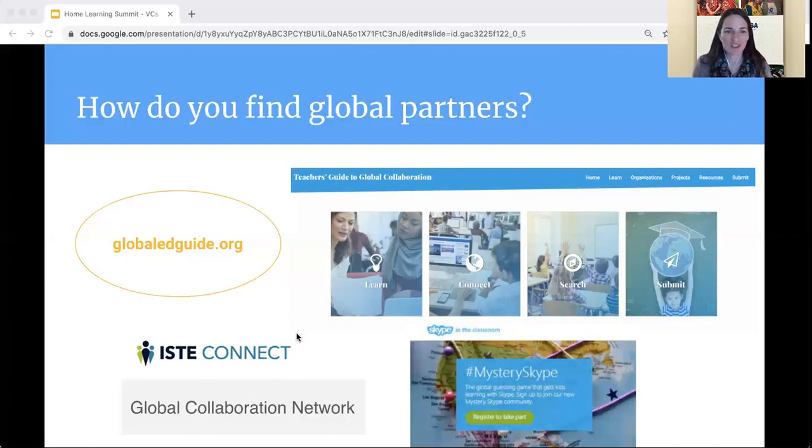The domain is globaledguide.org, and it's a teacher's guide to global collaboration. And there you can find examples of organizations and global communities that you could join. My organization, IRN, is an example of a global community of teachers that connect and build partnerships together. So that's one that you can join as well.